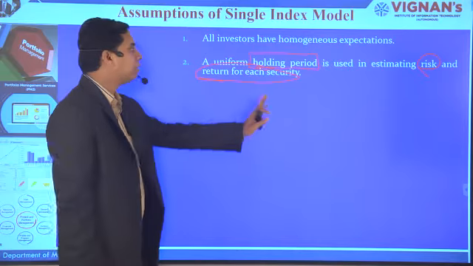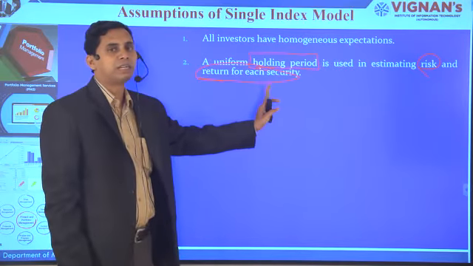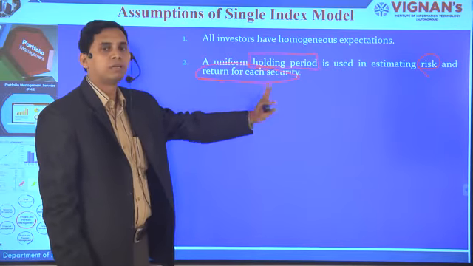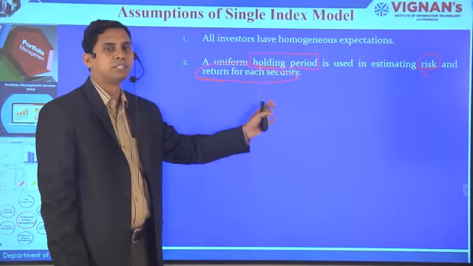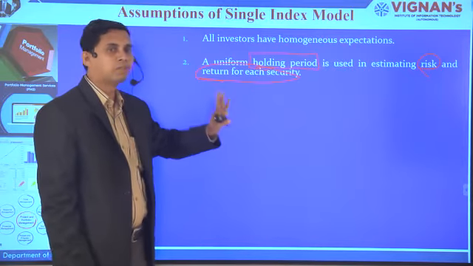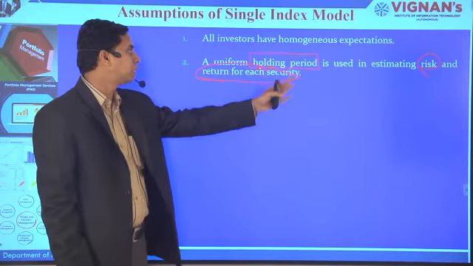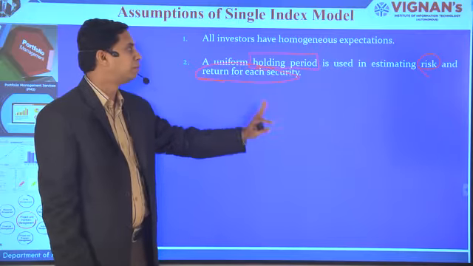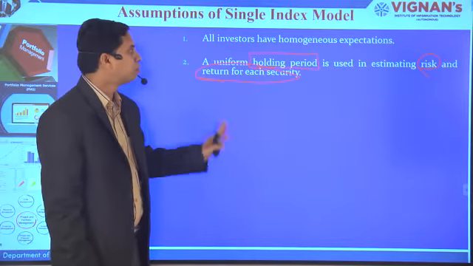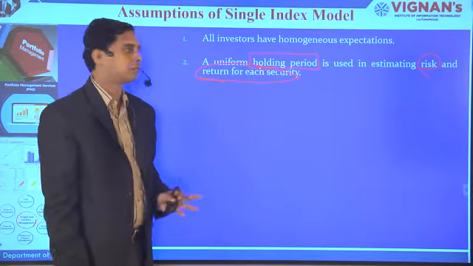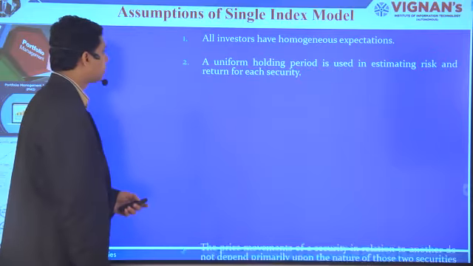Unless we fix this holding period, the risk or the return associated with the investment will change. That is why, to observe the effect between the risk and return of a security in a particular portfolio, we keep this holding period constant, as the second assumption.